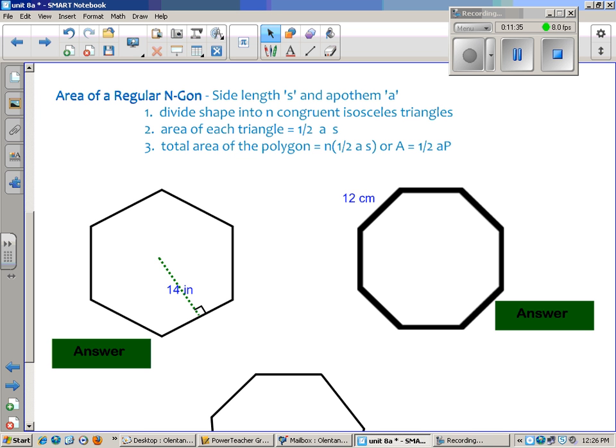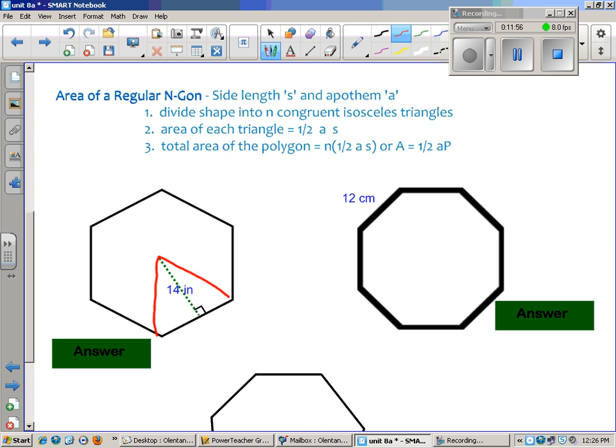So in this case, what did they give us? The apothem. So to find the perimeter, we're going to make a right triangle. What I'm going to do is make one of my isosceles triangles. And this is a hexagon, 6 sides.